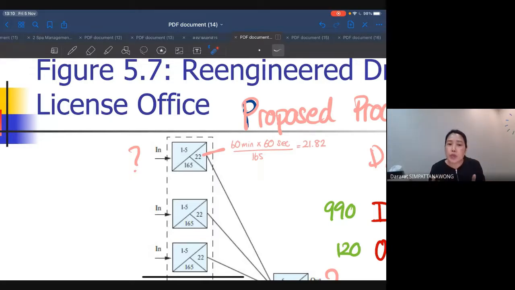How would you interpret 21.82? Can you see that 21.82 is different from the diagram, because the diagram illustrates 22? Have you got the question in your mind now? Why did they come up with the number 22?